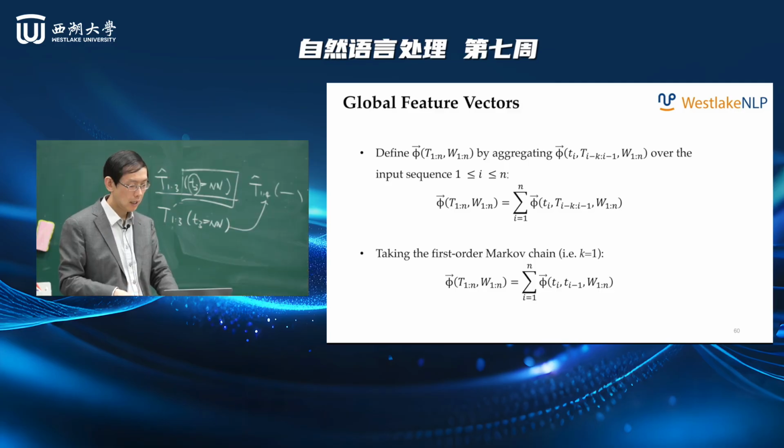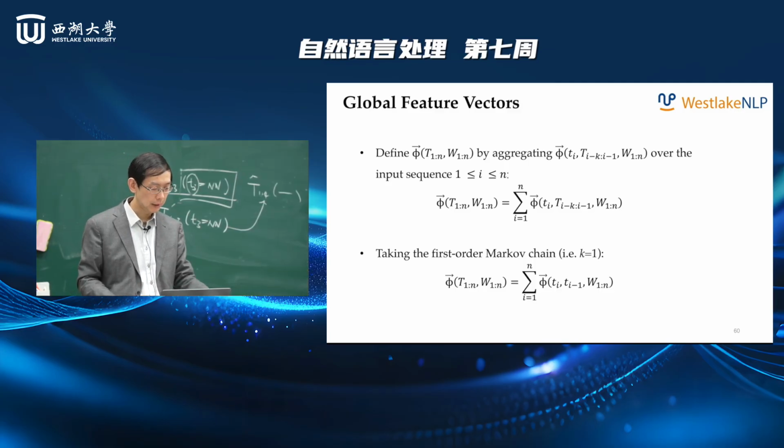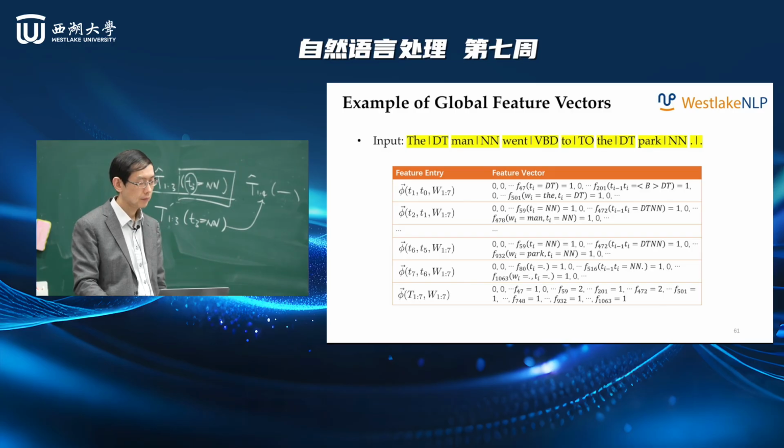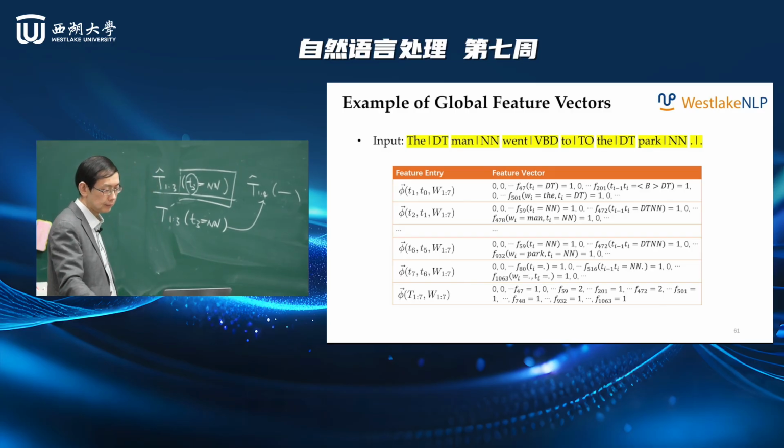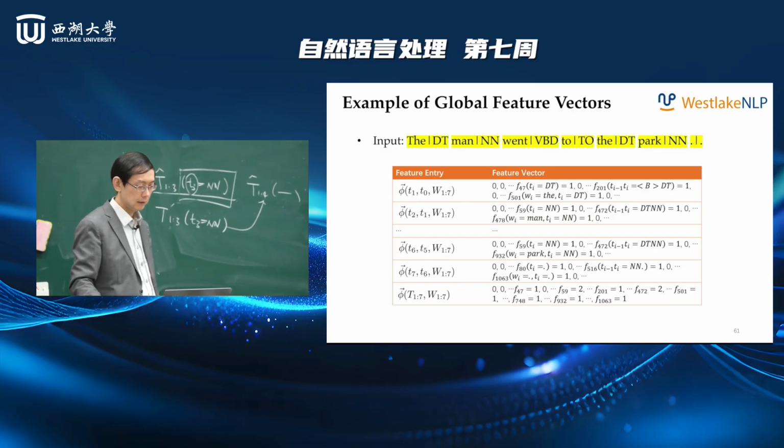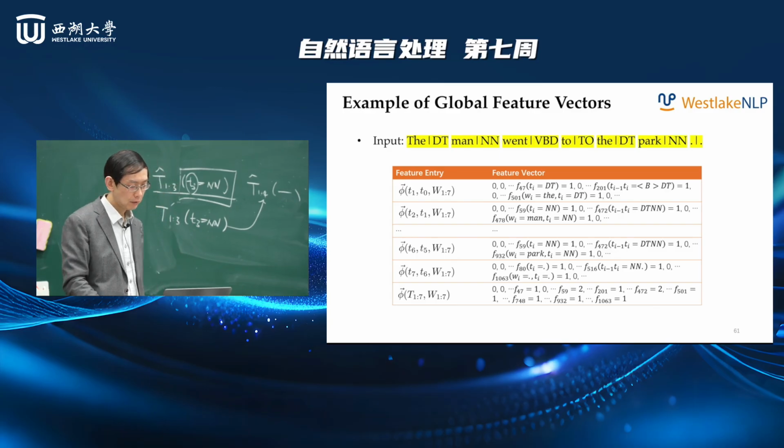Okay, then how do we accumulate local features to represent the global sequence? Here it is. Suppose that the input is "the man went to the park."